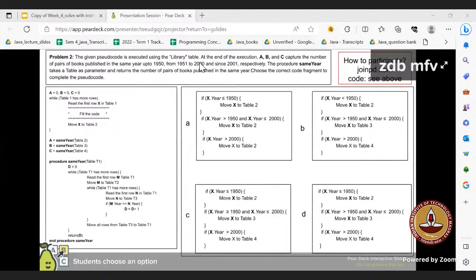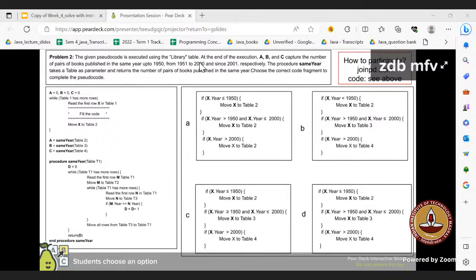Table 4 will have books greater than 2001: 2001, 2002, 2003, all such books. So the criteria is: for table A only books up to 1950, for table B 1951 to 2000, for table C greater than 2000.